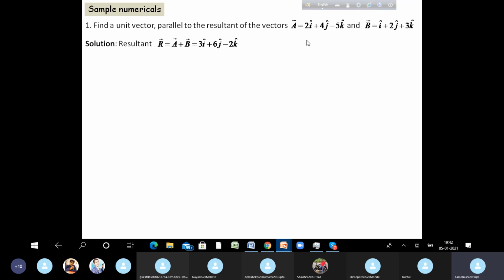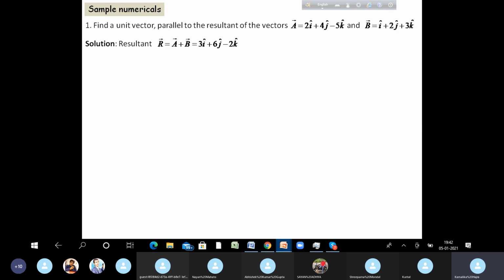So the resultant of A and B is given in the component form. So if you remember, you just need to add the coefficients of i, j and k. So the resultant of A and B is 2 plus 1, 3i cap, 4 plus 2, 6j cap, and minus 5 plus 3, that is minus 2k cap. So how will you get the unit vector along this direction?